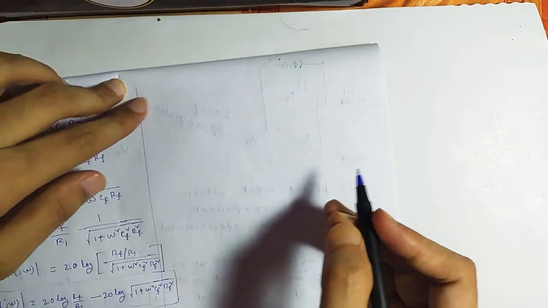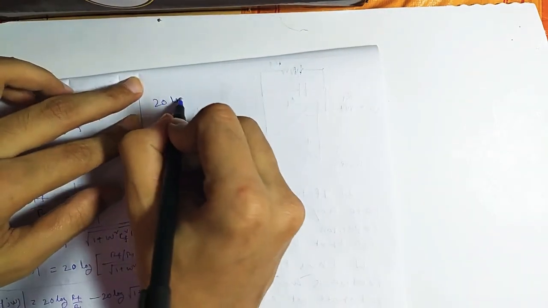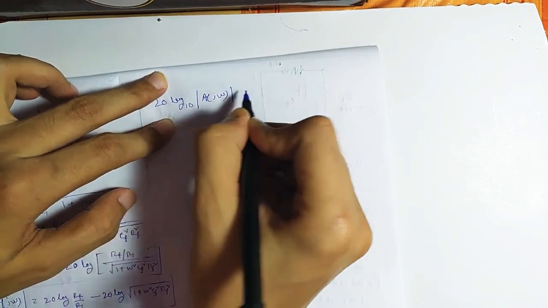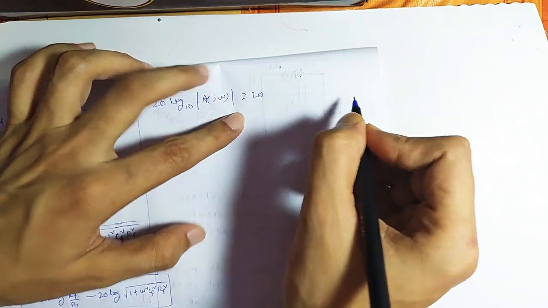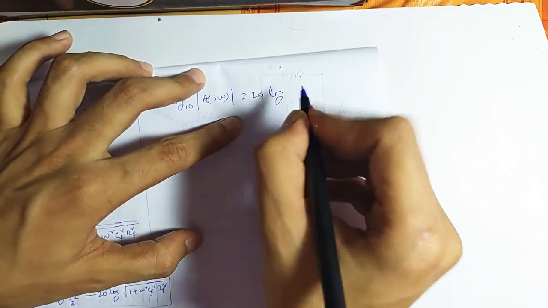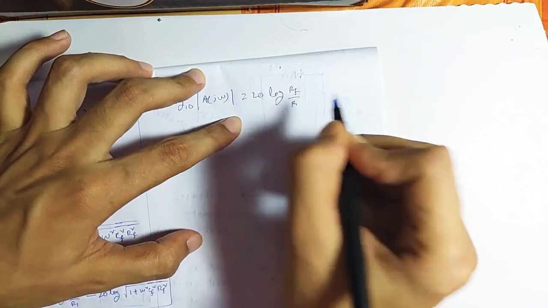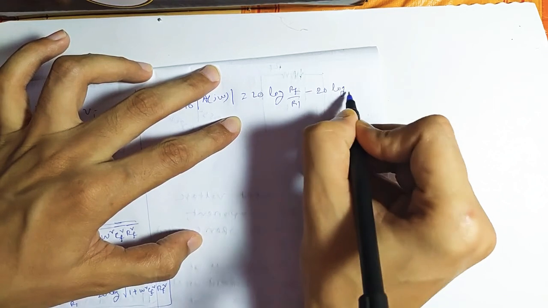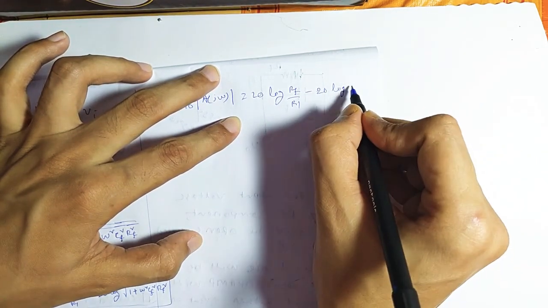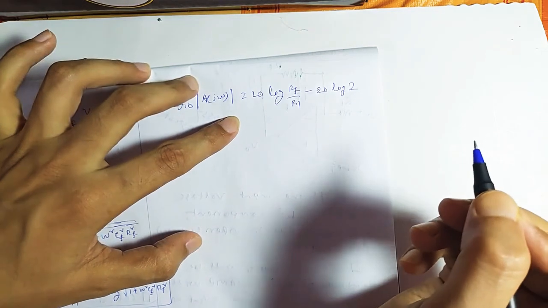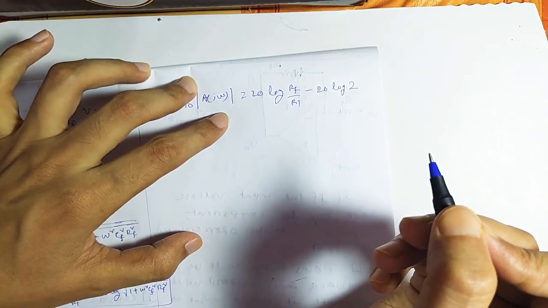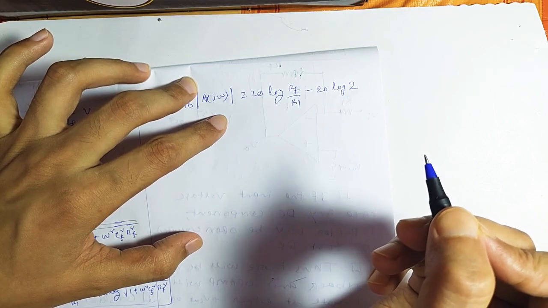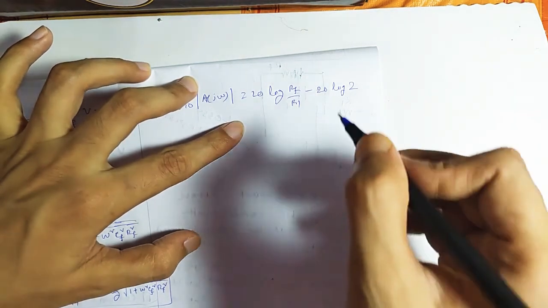So in this case you have 20 log 10 Rf by R1 minus 20 log root 2.